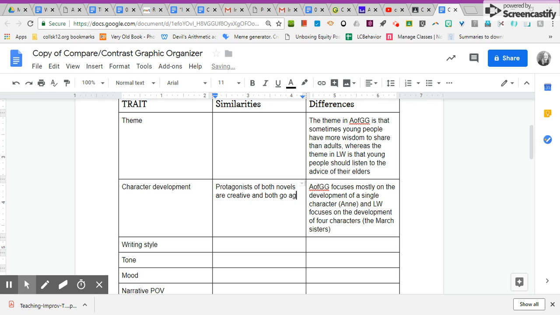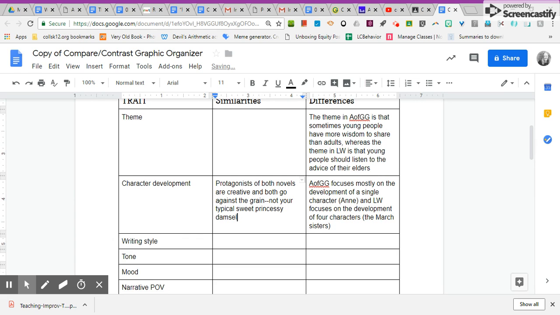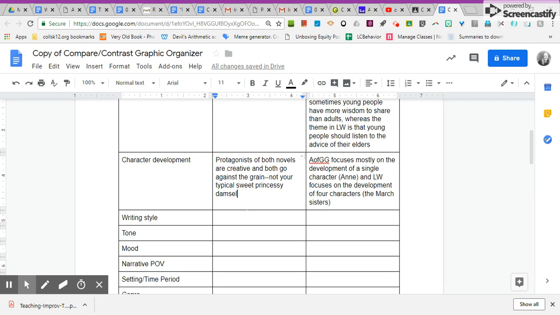They're not your traditional demure, sweet, obedient female. They're both more rebellious and adventurous. Both go against the grain, not your typical sweet, princessy damsel. These two notes are just for me, so I can write whatever nonsense I want.